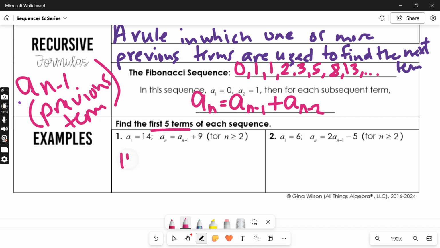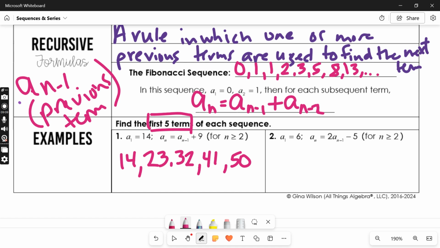Well, it gave us the first one. The first one is 14. And then we're going to add 9 to that. So that would be 23. And then I'm going to add 9 to that. That would be 32. And then I'm going to add 9, so 41. And then add 9, it would be 50. And I just need to find the first 5.